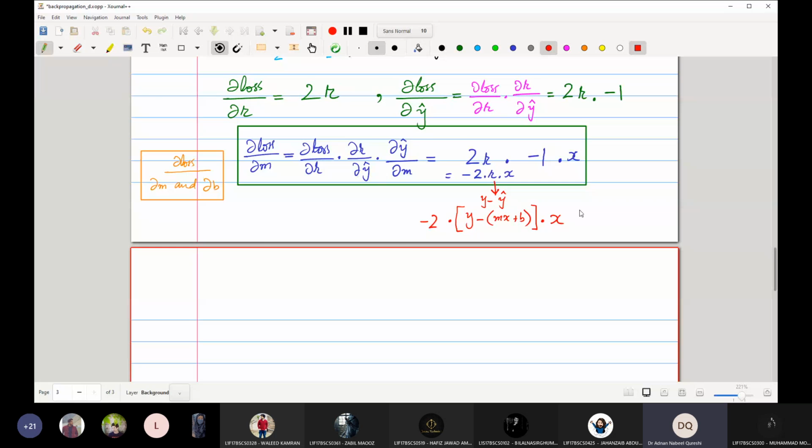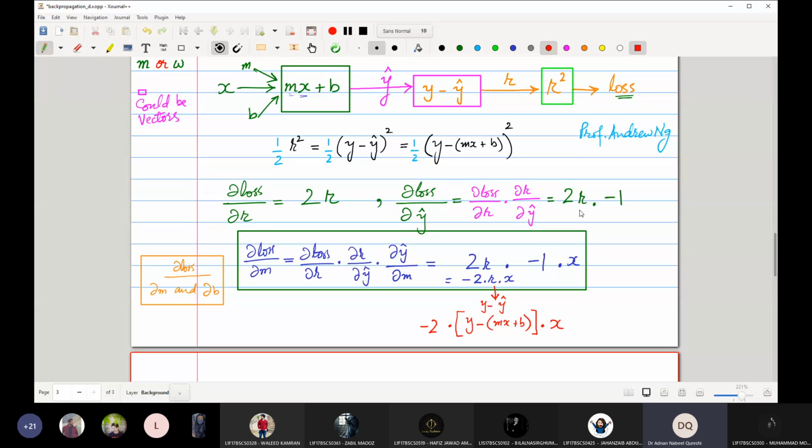Now what happens when we follow Professor Andrew Ng? He says that you just put a 1/2 in front of the r square. जब ये हम करेंगे तो what will become the derivative of r square? 1/2 की वजह से 2 से कट जाएगा, it will just be r. r से पीछे जाएंगे 2 की जरूरत नहीं होगी, उससे पीछे जाएंगे 2 की जरूरत नहीं होगी.